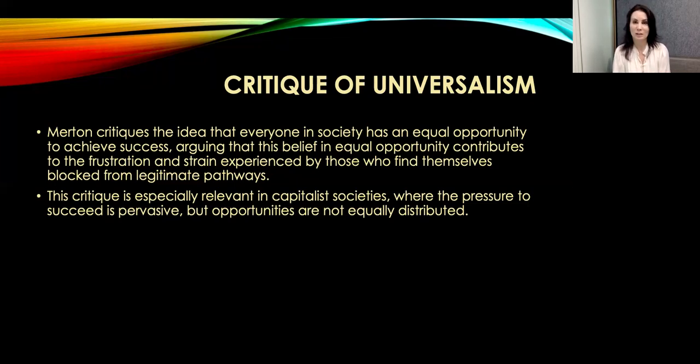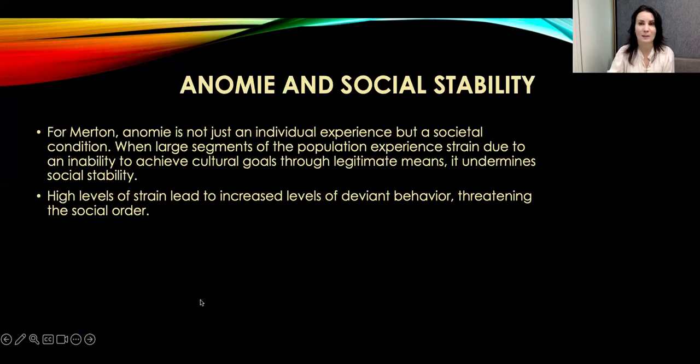Therefore, Merton's critique is that in capitalist societies, people are pressured to take certain ways to succeed in society. So the opportunities and resources are not equally distributed in society.